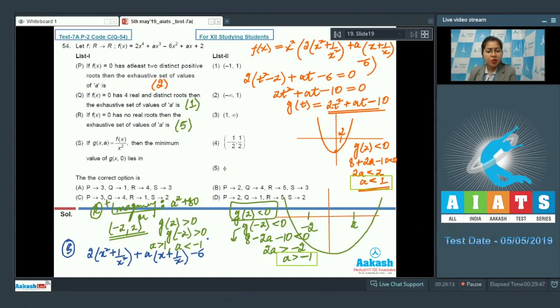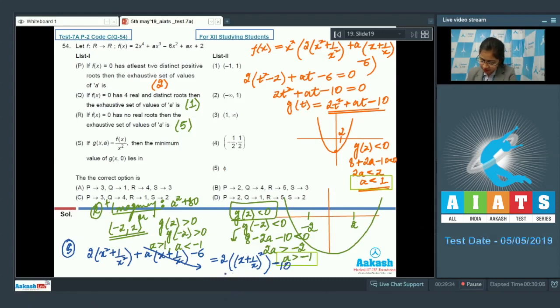This is f(x) upon x square. Now here we have to put a equal to 0. So it is equal to 2 times, making it a perfect square, (x + 1/x)^2 - 2, minus 6. So that will be equal to 2(x + 1/x)^2 - 4 - 6, that is -10.